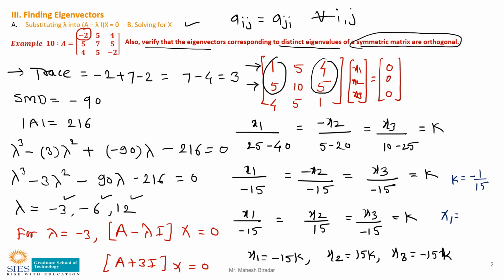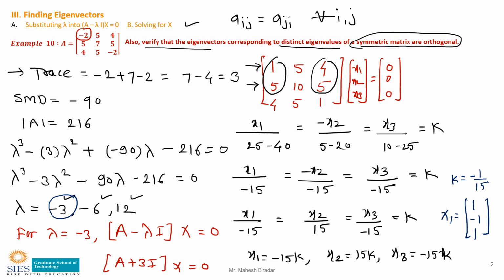So your vector is x1, which is 1, and x2 with opposite sign, negative 1, and x3 is equal to positive 1. So the first eigenvector associated with lambda equal to minus 3 is 1, minus 1 and 0.